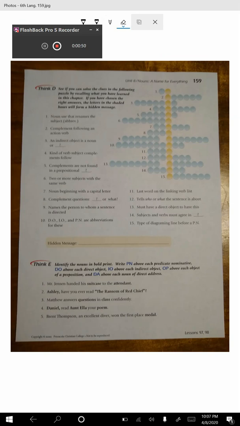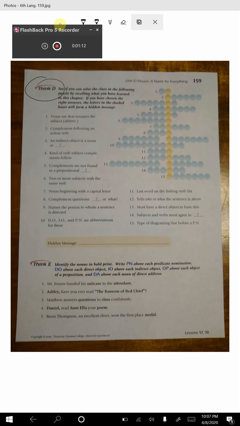All right, so do what you can with this one, this Think D, but don't stress out too badly about it. Do what you can, see how many you can fill in, and we'll get together and fill it in together. Okay?